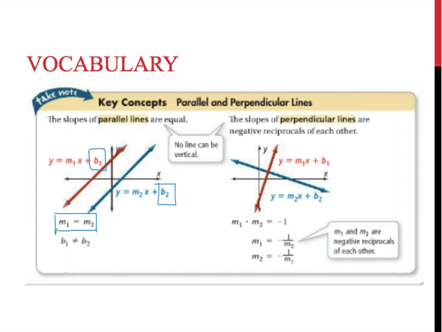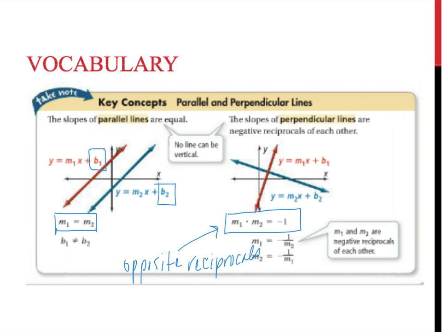With perpendicular lines, we have slopes that when multiplied together will give us negative 1. And instead of trying to figure out what two slopes can come up to give us negative 1, we often say that the slopes are opposite reciprocals of one another.